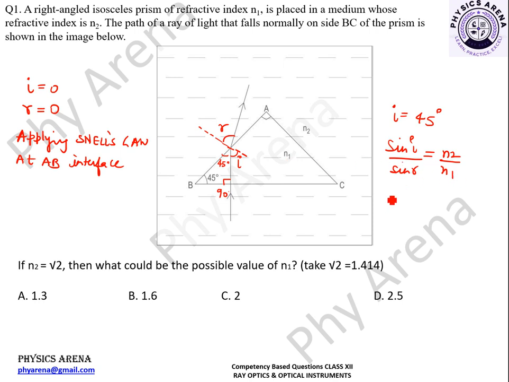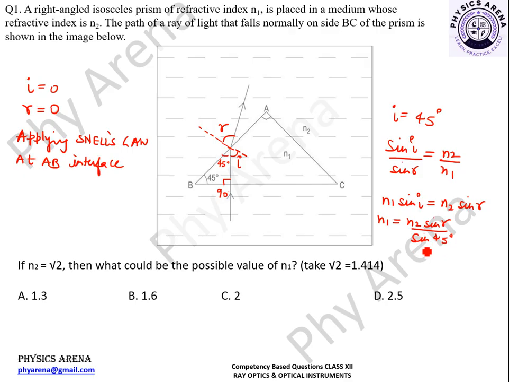So we can reshuffle it as n1 sine i is equal to n2 sine r. We need to find the value of n1. Sine i is sine 45. So n1 is equal to n2 sine r divided by sine 45.